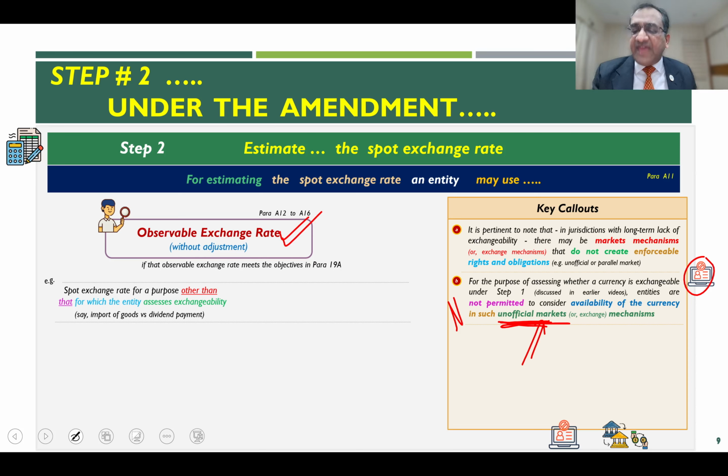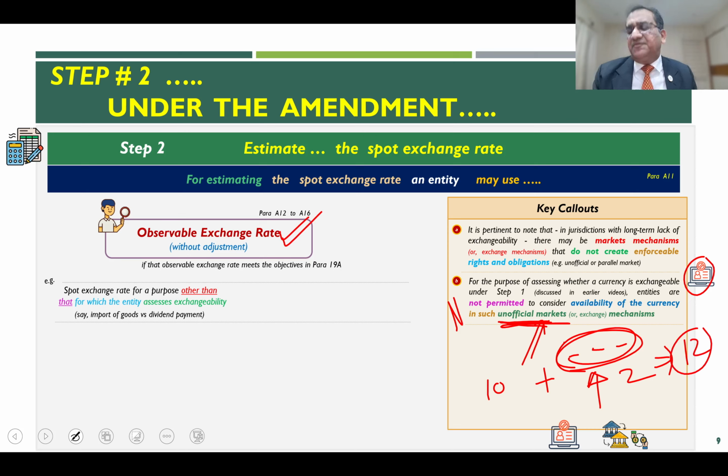Because of the added risk, the rate in an unofficial market will also have a premium for these risks. So for example, if the market rate is, let us say, 10, and the premium is 2 currency units, then the exchange rate in the unofficial market will be 12.